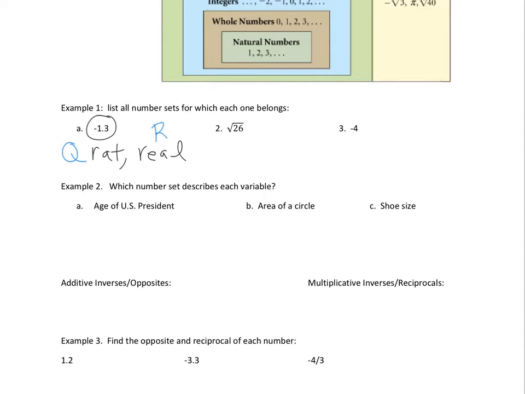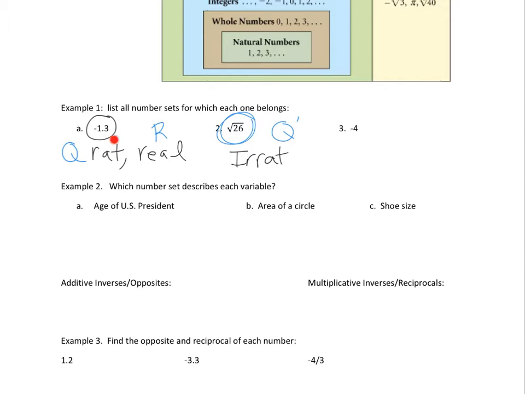Square root of 26 is a decimal that goes on forever and doesn't have a pattern. So this is an irrational number, so I can write irrational. And the symbol for irrational number is a Q and a prime symbol or apostrophe.